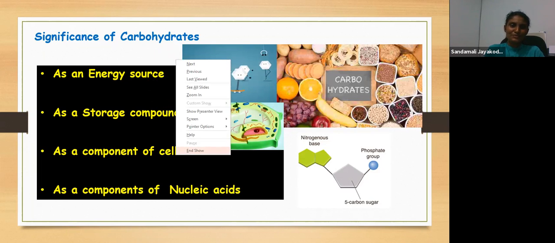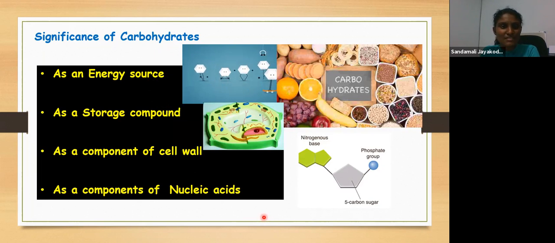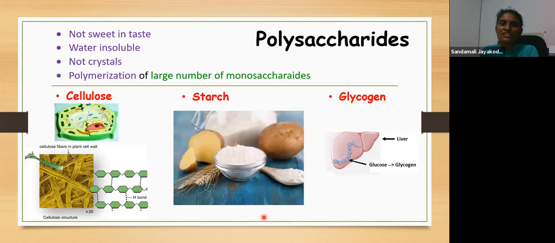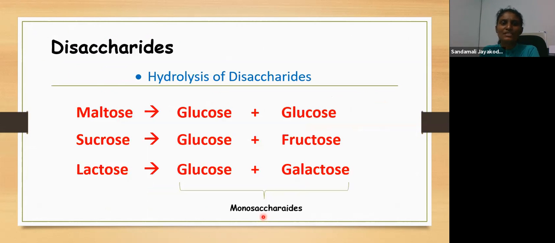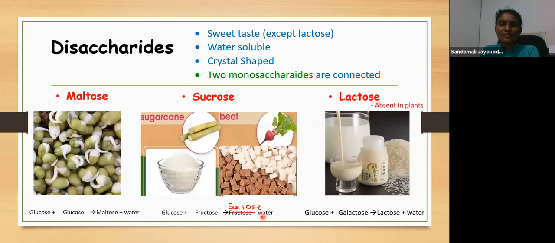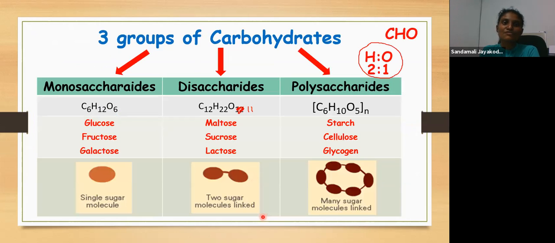So now we are going to move on to the next part of our lesson. Until now, we have discussed carbohydrates. Can you mention the three main groups of carbohydrates?